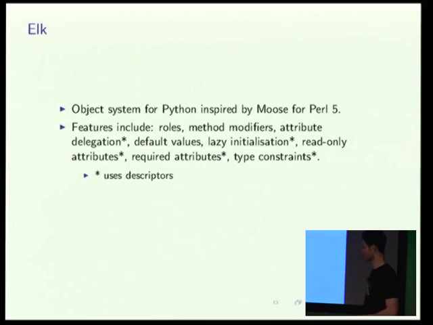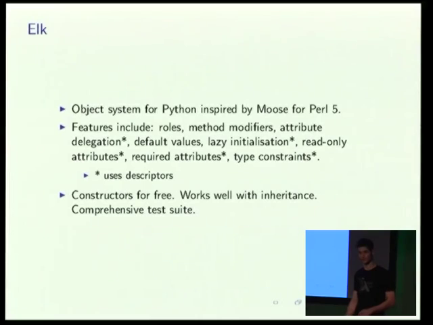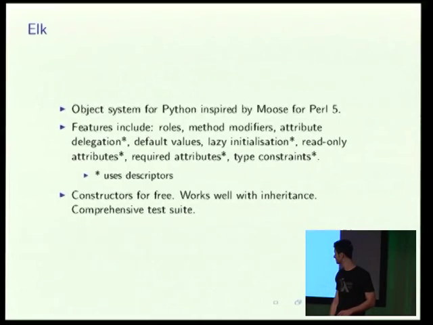Some of those are implemented entirely using descriptors. Others are implemented using the descriptor just for one small facet of the implementation. And you also get constructors for free, so you don't need to write a dunder init. And it works well with inheritance, and there's a comprehensive test suite.